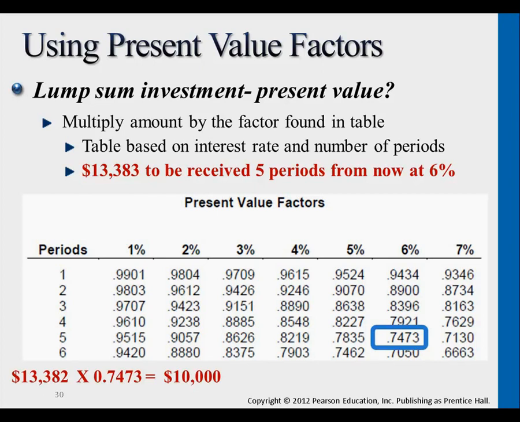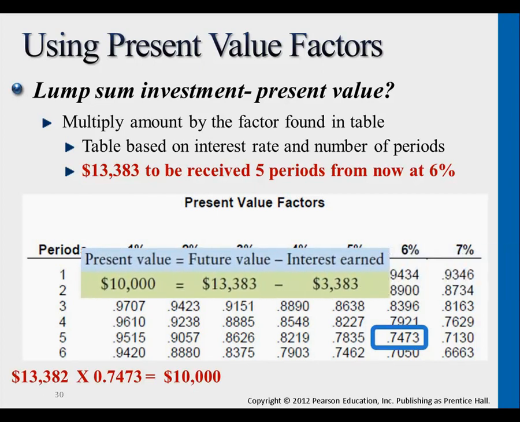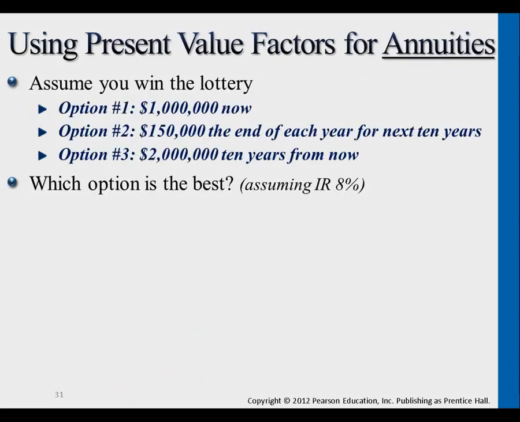That's going to give me 10,000. We calculated this by saying present value is my future value less interest earned. So note which table you're using: you're using present value factors.